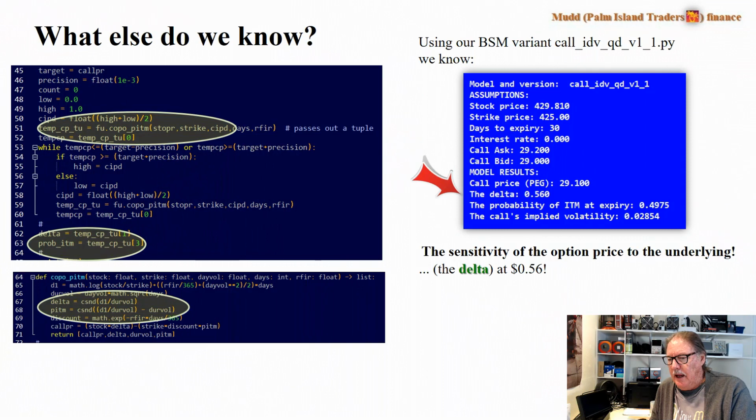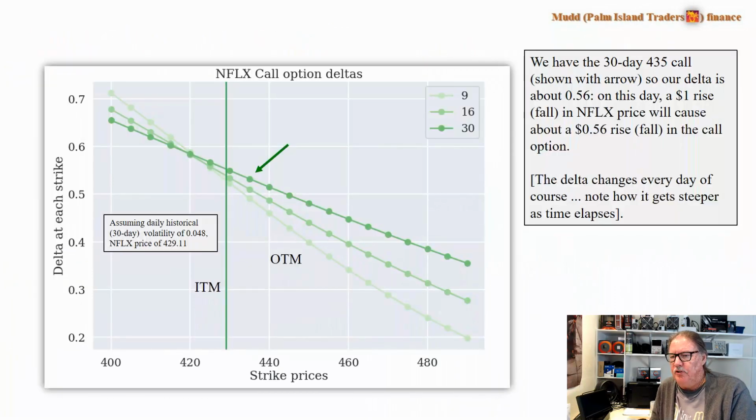So that tells you more or less that if the price of the underlying rises by, say, $1, this option is likely to rise in price by about 56 cents, with some qualifications maybe.